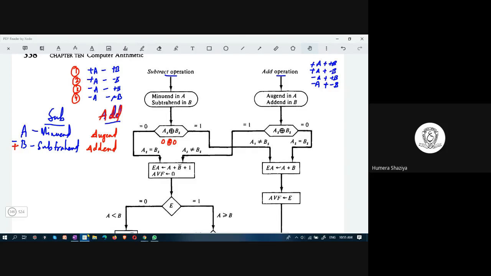Addition or subtraction? Please tell me. Manasa? Manasa?